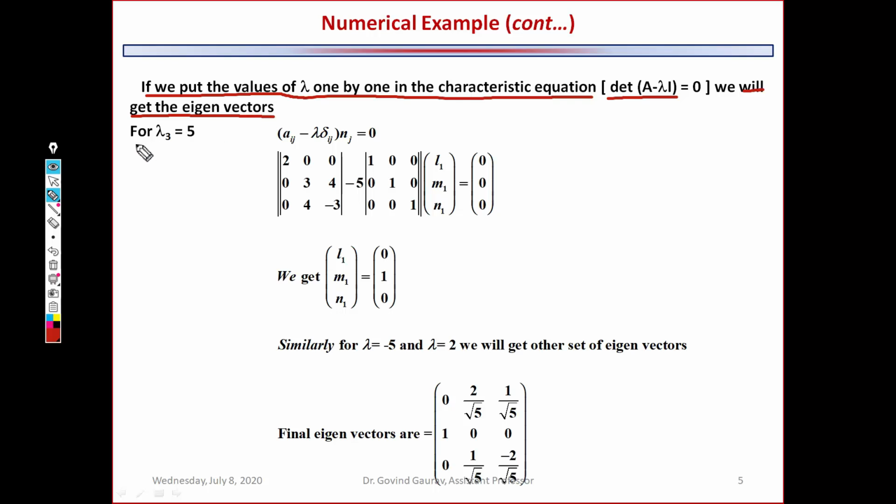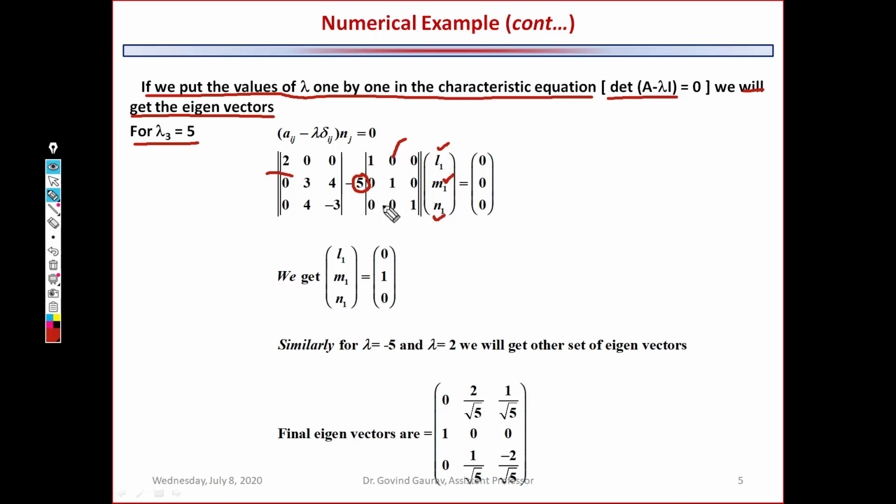If we put the value of lambda 3 equal to 5, we will get three values of the eigenvector, which are L1, M1 and N1. Over here, A is the matrix which is given in the question, 5 is the eigenvalue which we have calculated by solving the cubic equation, and I is the identity matrix, or the Kronecker delta.